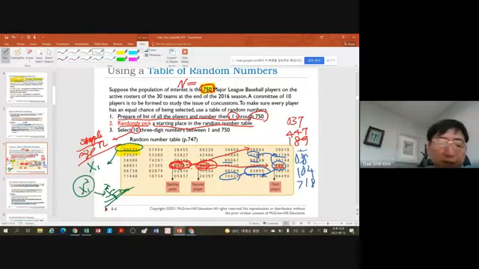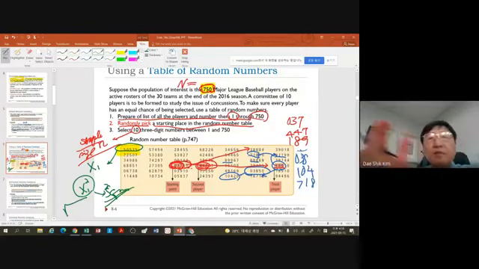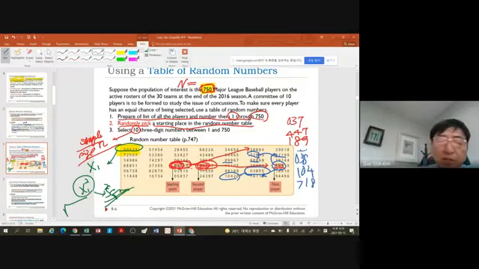That's one way. Another one is to take a square root. Take a square root and you pick up the right-hand side digits, except it cannot be 0, 0, 0, 0. If you take a square, it will be very small and smaller.